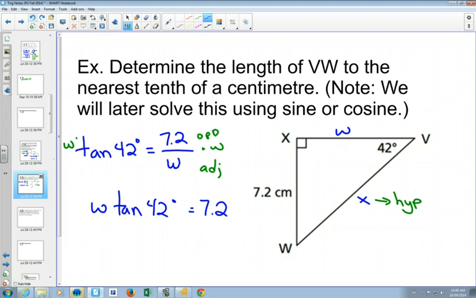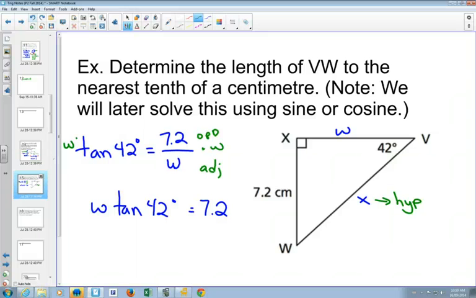Now tan of 42 is a number. It's in your calculator. We could put it in. It would just be a little bit less than 1 because it's just a little bit less than 45. And if I have a number times W and I wanted to get W by itself, the opposite of multiplying is dividing.